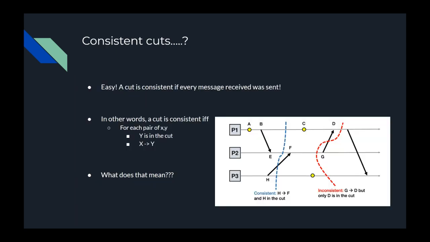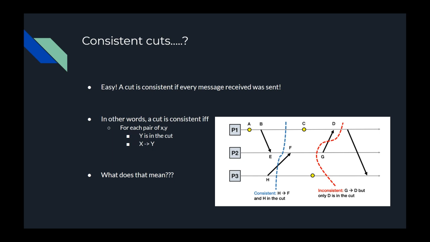So there's something called consistent cuts. So easy, right? A cut is consistent if every message received was sent. Now, what the heck does that mean? In other words, a cut is consistent if and only if for each pair x, y, y is in the cut and x happens before y.